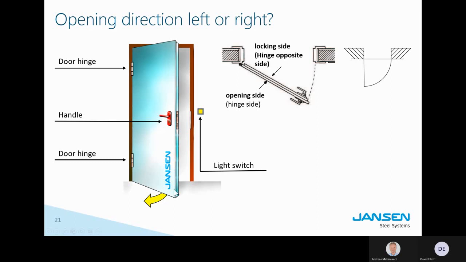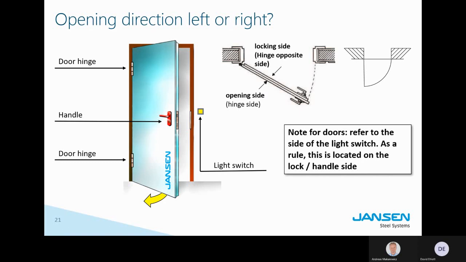What gives you the hints which way the door opens? Well, it's the hinges. When you see them, then it's kind of clear. You pull it towards yourself. The light switch is also an indicator to which side the door will be pulled, and therefore to which side it will open. So this would be exactly the description here.